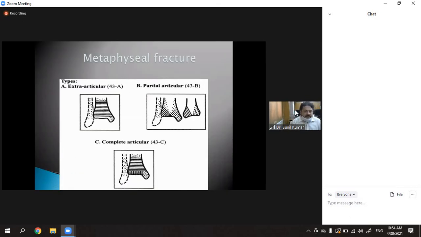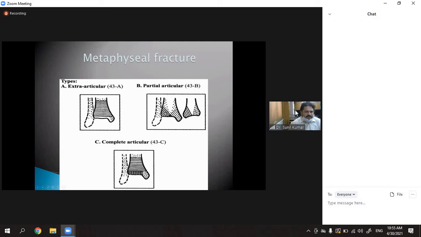And then after this, these were for the diaphyseal fracture, 2. The location of the bone will be the 2 diaphyseal fracture. And then metaphyseal fracture, either proximal or distal. Either it will be the extra-articular, which is in the metaphyseal region, but the joint is not involved. It is outside the joint, so it will be extra-articular.